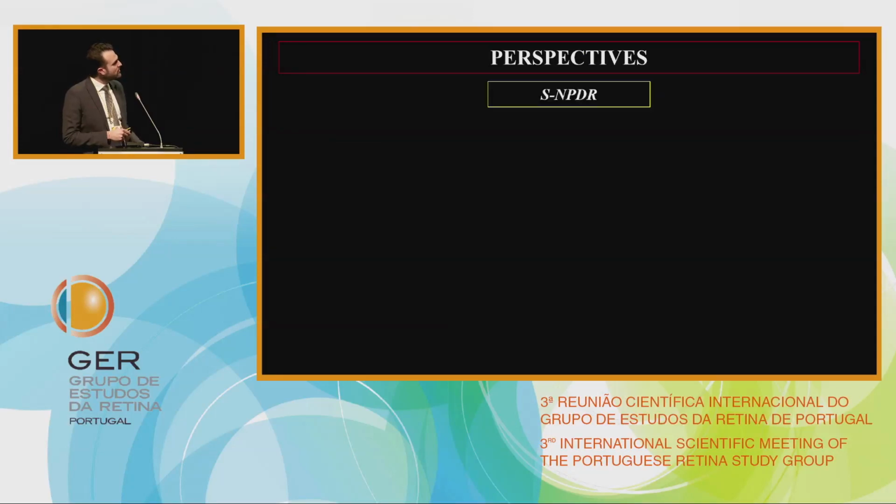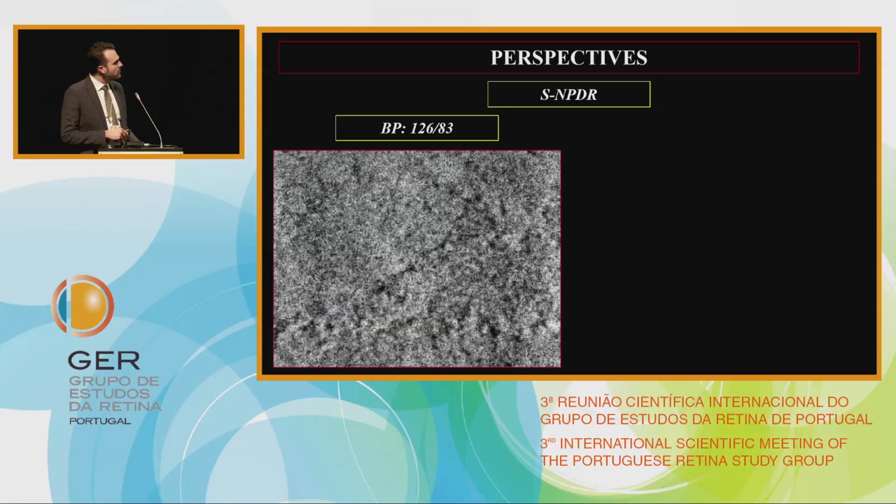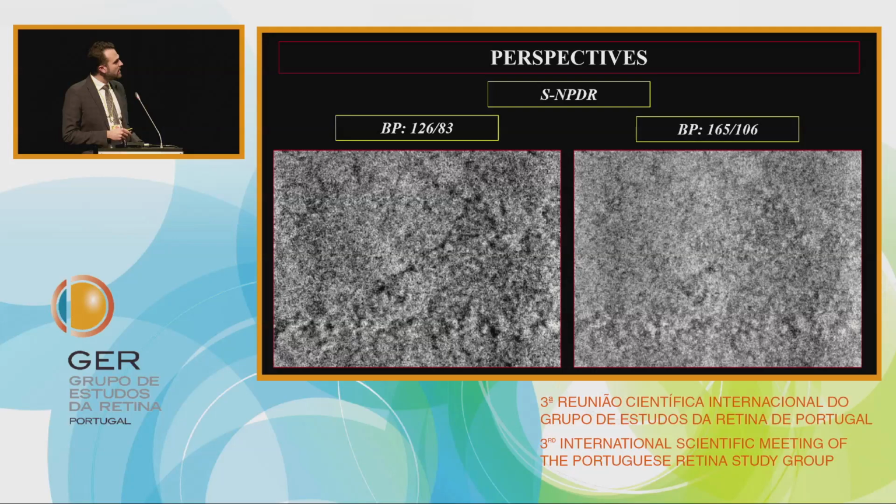This is a patient with severe non-proliferative diabetic retinopathy, and this is the OCT angiogram of the choriocapillaris with a blood pressure of 126/80. And this is what we obtain in a patient when we increase the pressure artificially with an isometric exercise, with a blood pressure ranging 165/100.